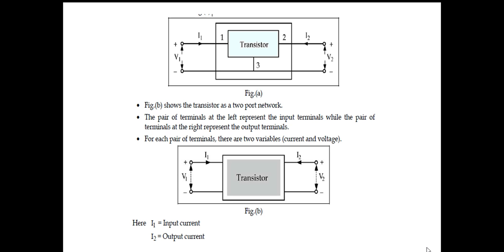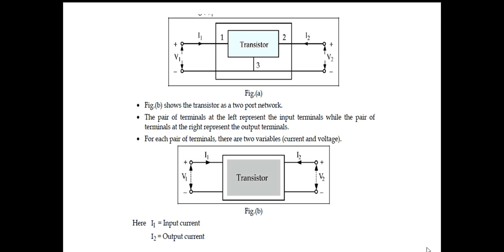By taking one terminal as common, what is the advantage? We can convert the transistor into four terminals. Now the transistor becomes a two-port network.